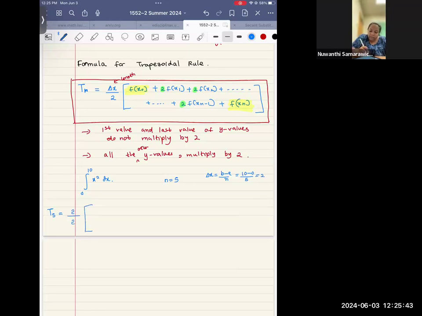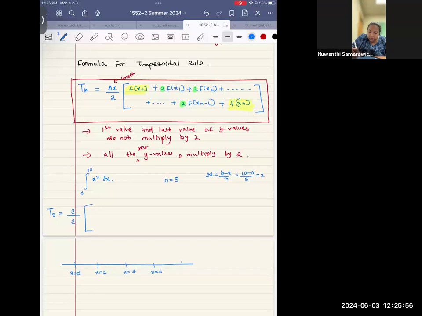Remember we draw the real line: x is equal to 0, 2, 4, 6, 8, and x is equal to 10.